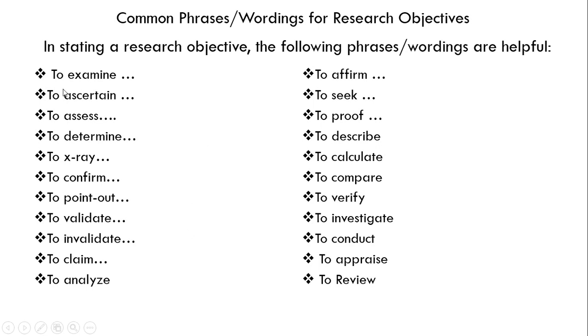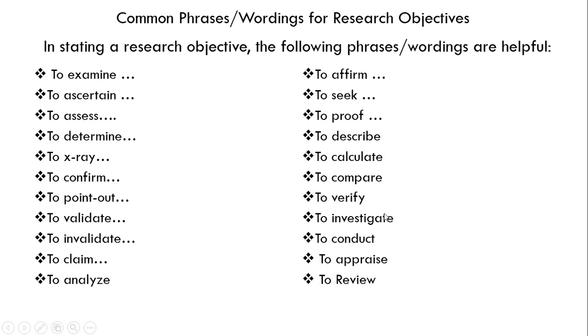For instance, the common phrases often used are to examine, to ascertain, to assess, to determine. Others listed on the screen are to extract, to confirm, to point out, to validate, invalidate, to claim, to analyze, to affirm, to seek, to prove, to describe, to calculate, to compare, to verify, to investigate, to conduct, to appraise, or to review.